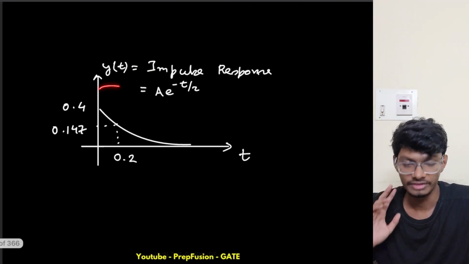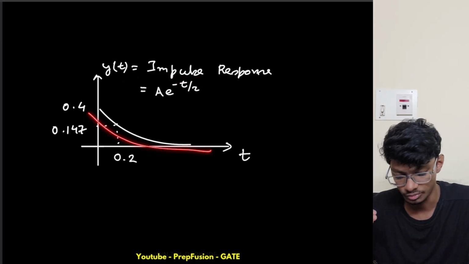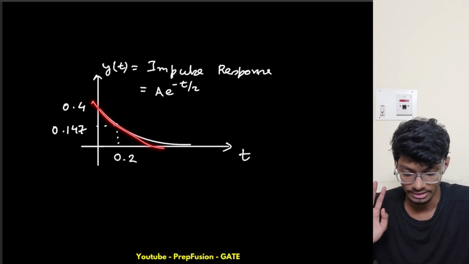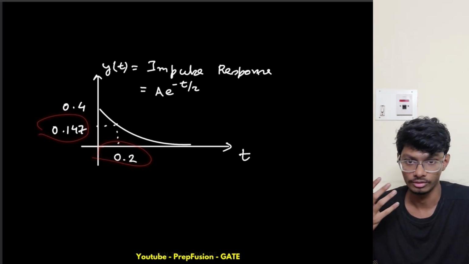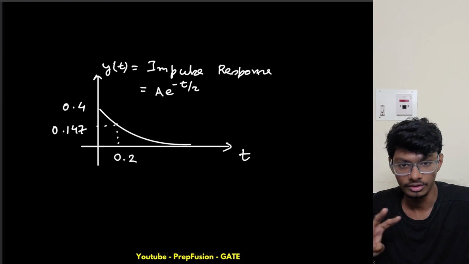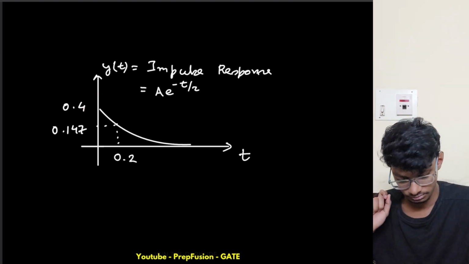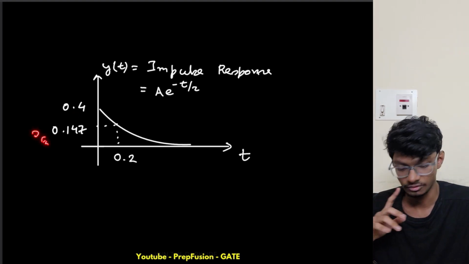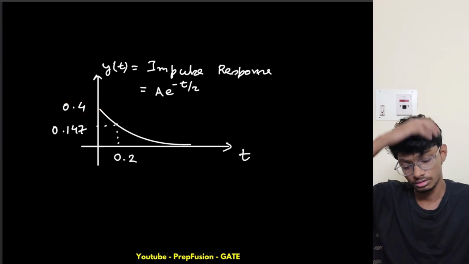Yes, we have been given the impulse response as a function like this one, which is a decaying exponential. Its initial value is 0.4 and the value at t equals 0.2 seconds is 0.147. If you write this in a calculator, you can observe that this is 36.7% of the initial value.